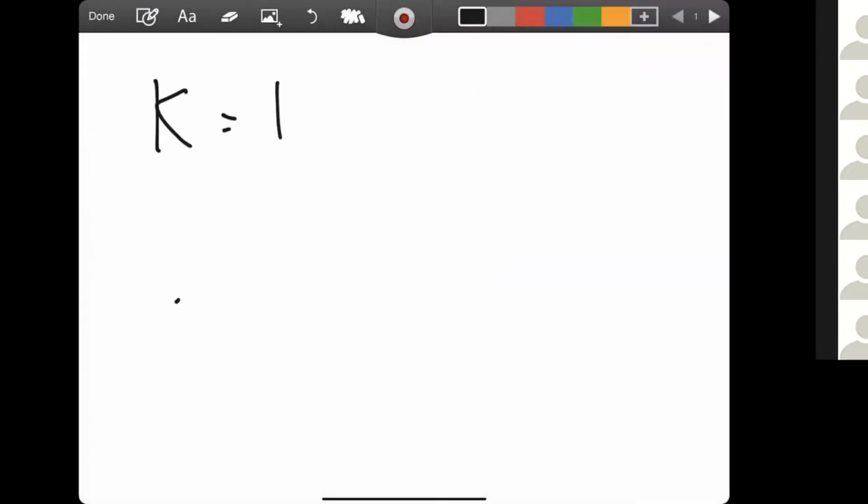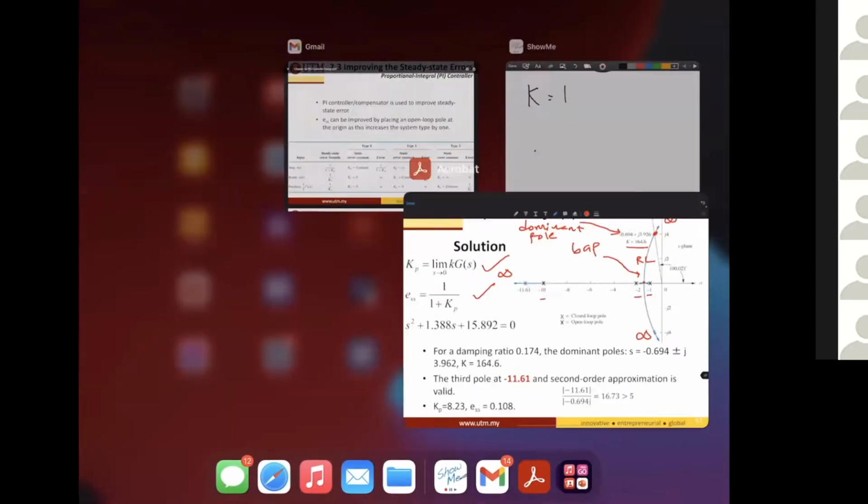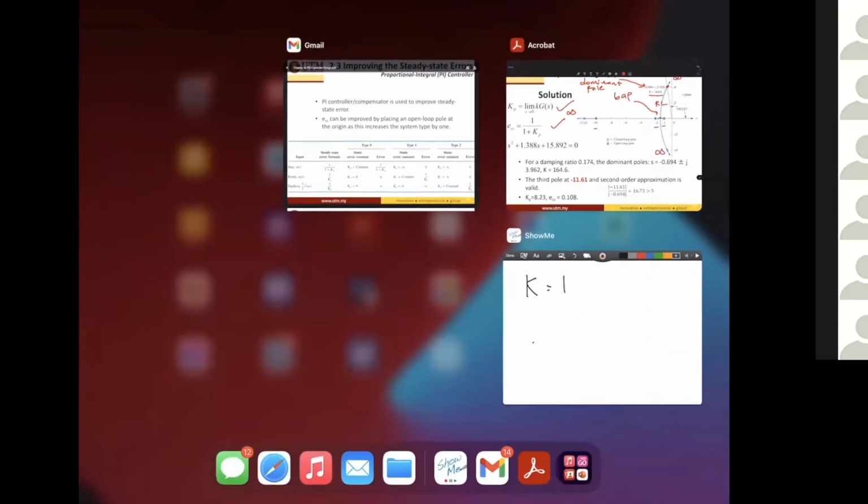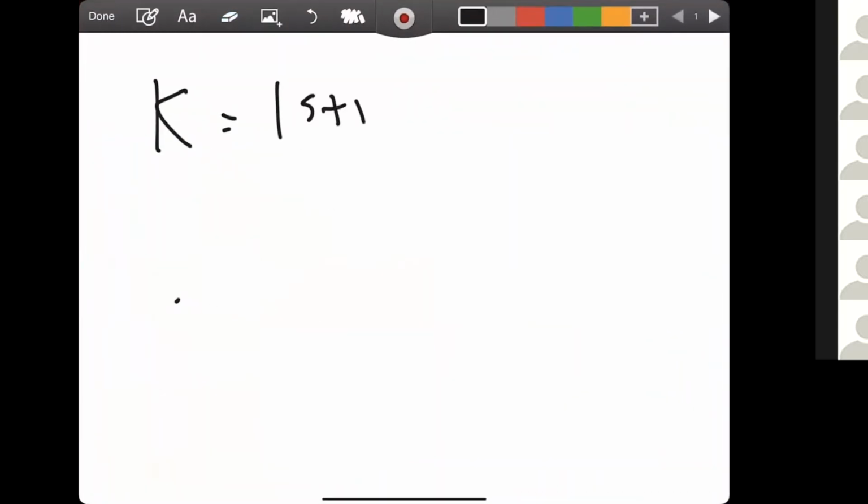K is equal to, berapa tadi? Minus 1, minus 2, minus 10. Okay. S plus 1, S plus 2, and S plus 10. Okay.